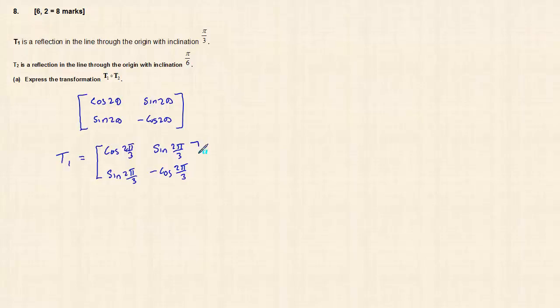Now you have your calculator, so there's no excuse for getting this wrong. I'm going to do it without. 2 pi by 3 is up here, and that means that this is pi by 3 or 60 degrees, and we're in the S quadrant.